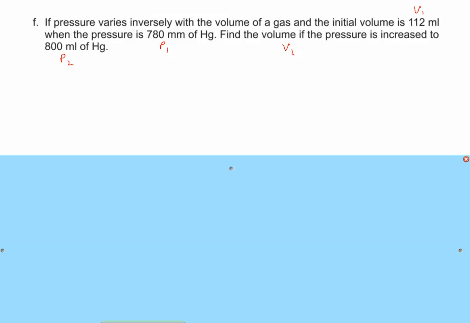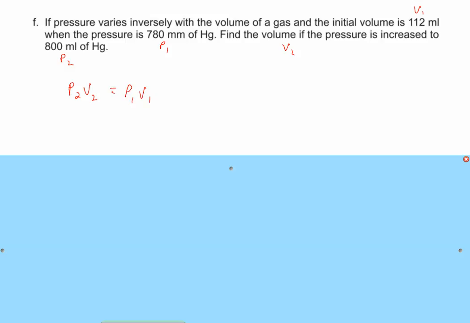All right, here's a formula. It goes along with Boyle's law. Boyle's? Charles? Boyle's law. All right, again, I like solving with the variable on the left. So you know what I'm going to do? Because I'm looking for V sub 2, I'm going to go P2 V2 equals P1 V1.